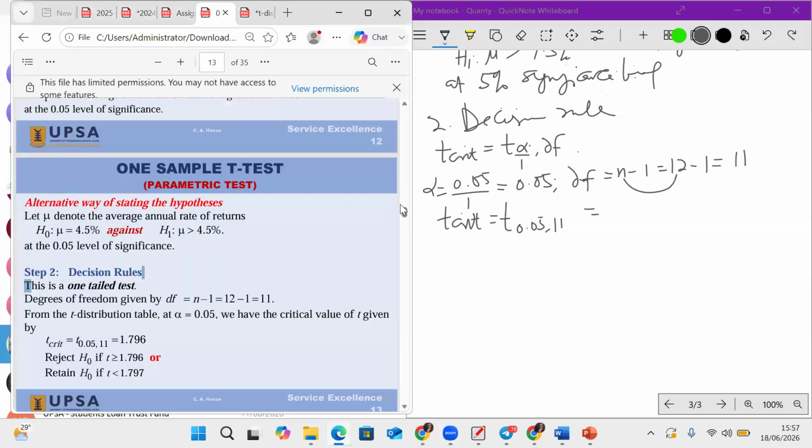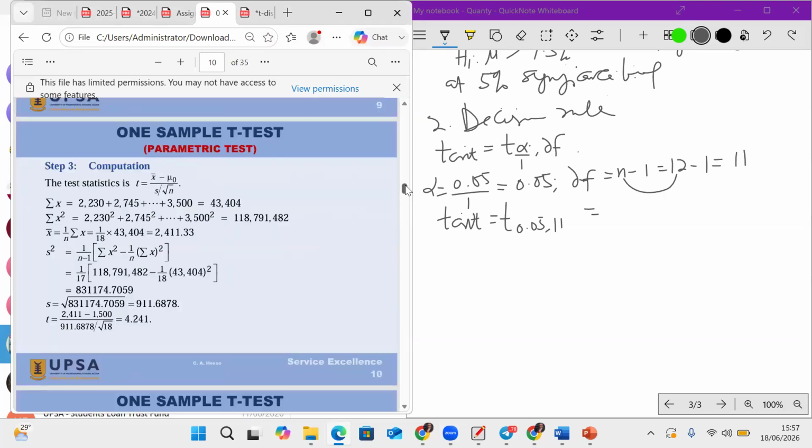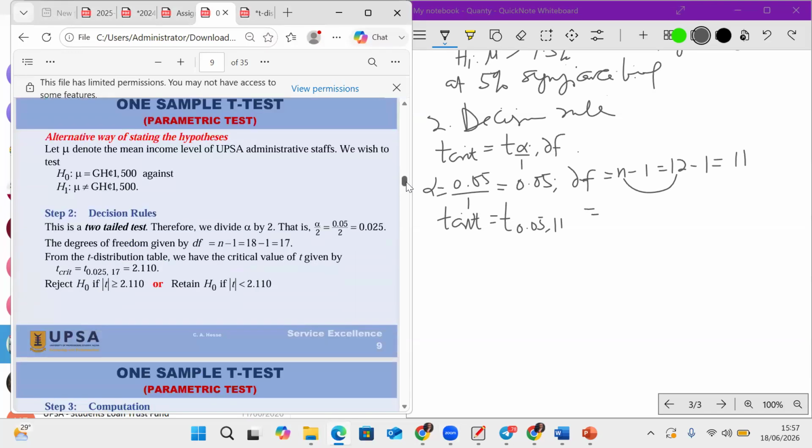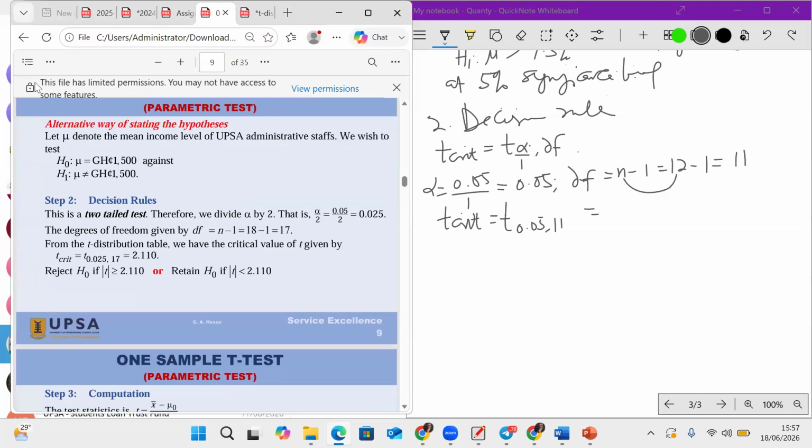Let's look at this one, for example. See here, look at what they did. They put in here the alpha and the 17 degrees of freedom, and they got 2.110. So let's go and look at what it is.